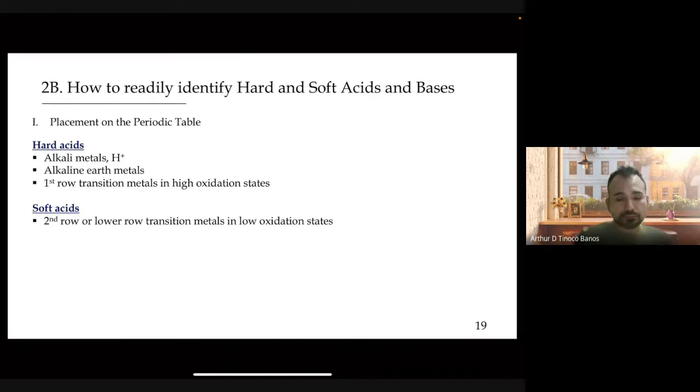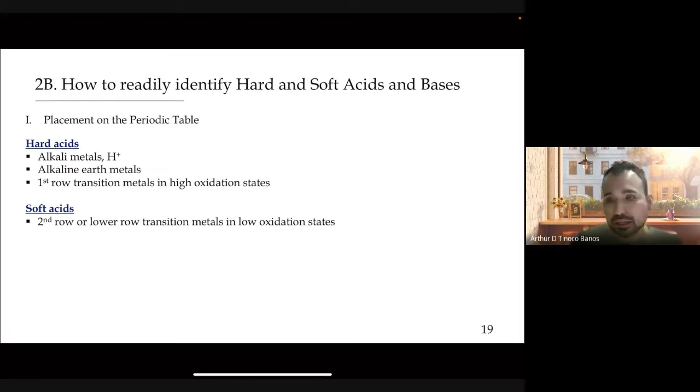But we can also look at where you would expect to see hard acids in the periodic table. Here I'm giving you a list. Hard acids would be alkali metals and alkaline earth metals, and among the alkali metals you can also include the proton, which is a hard acid. There are some studies that suggest that protons can have metallic-like properties.